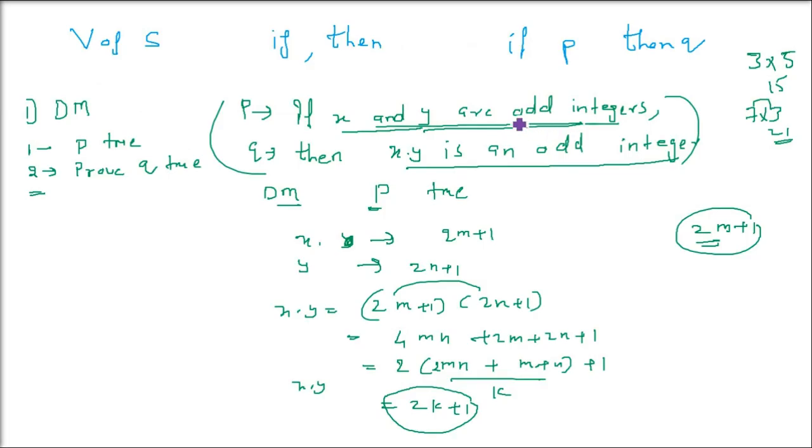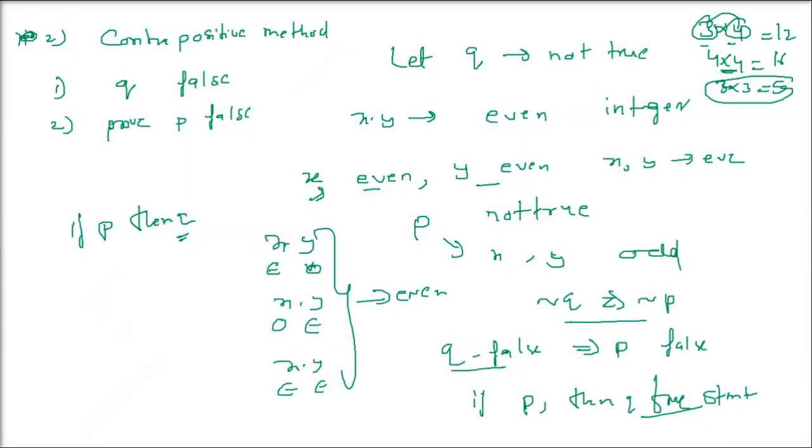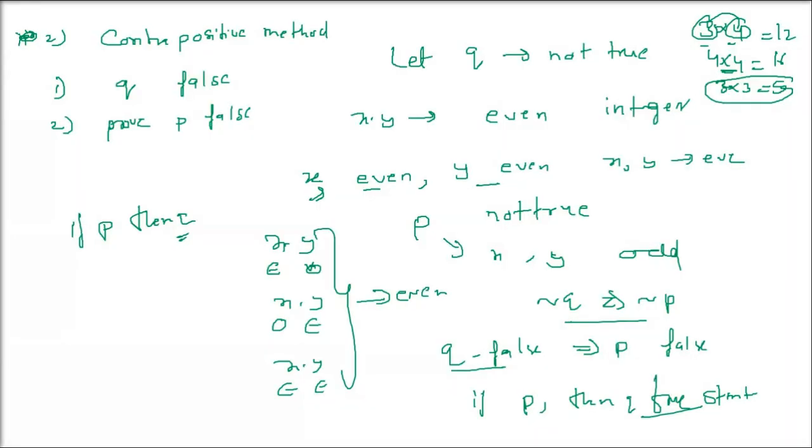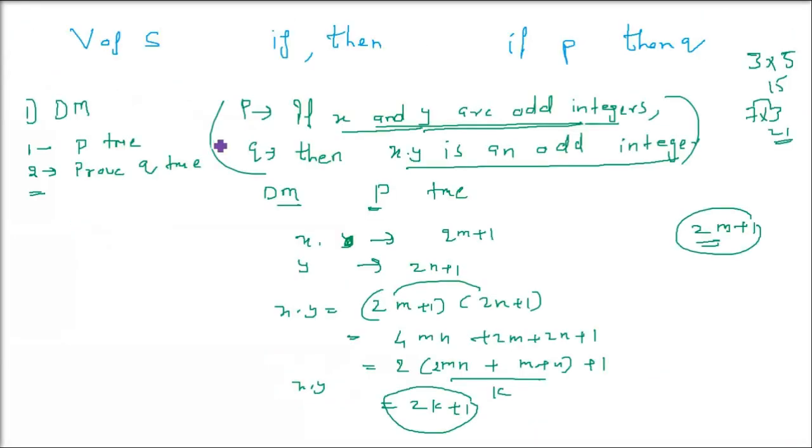How? See, what we did, we are saying that assume that P is true. That is, X and Y are odd integers. Here, X and Y are odd integers, we are saying it true. So X you can take as 2m plus 1, Y you can take as 2n plus 1.